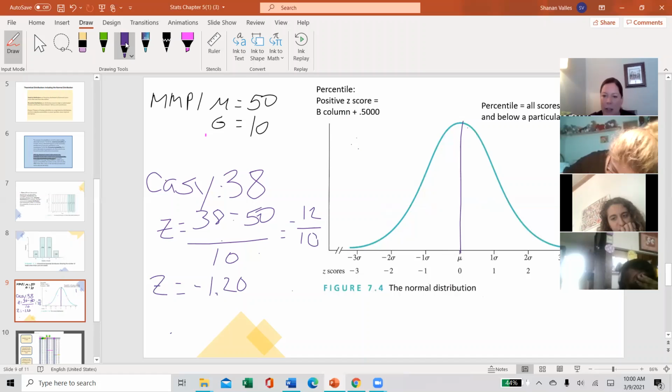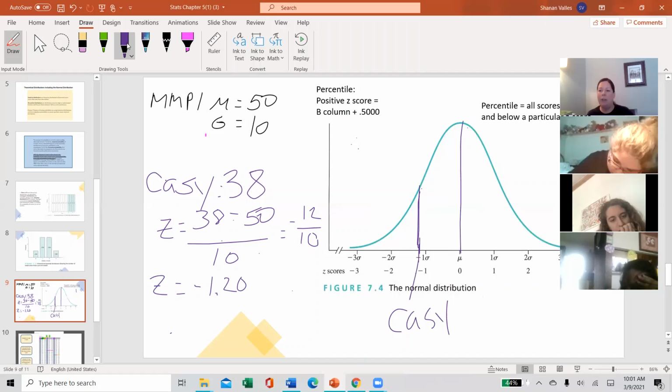So I think, drawing these distributions out just so you can visualize it. Okay, that line was really crooked. Let's say this is where Cassie is right here, okay?